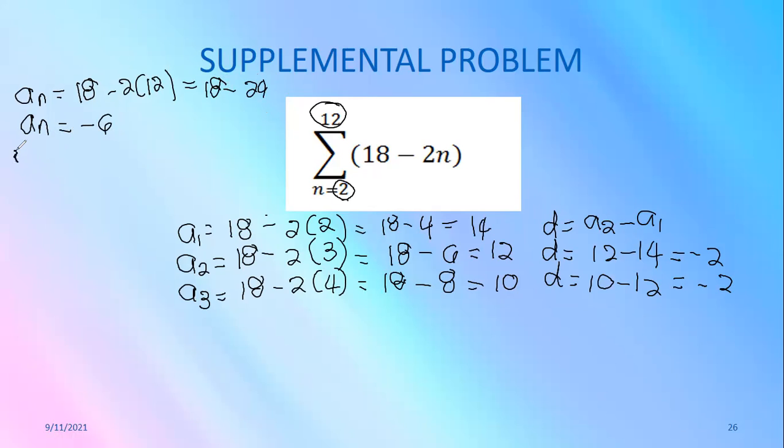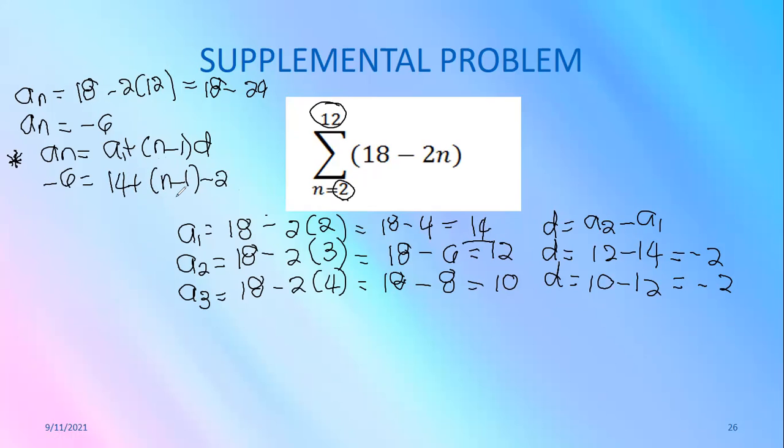Using walang kamatayang a sub n, which is equal to a sub 1 plus n minus 1 multiplied by d. Ang a sub n natin, which is equal to negative 6. A sub 1, so yan, given na, so magiging 14 plus n minus 1 multiplied by negative 2.